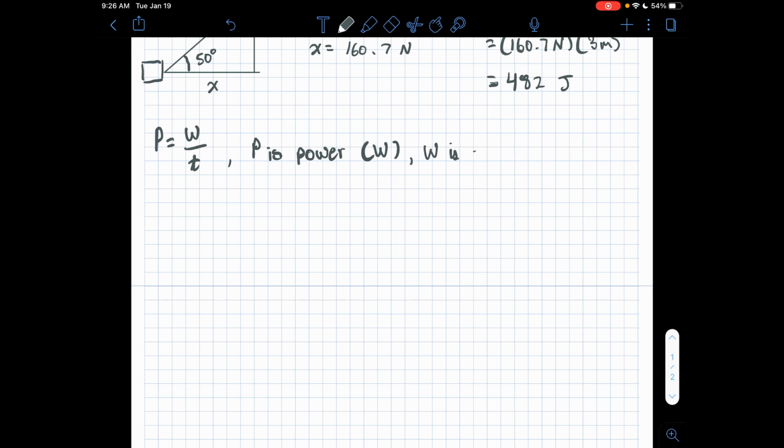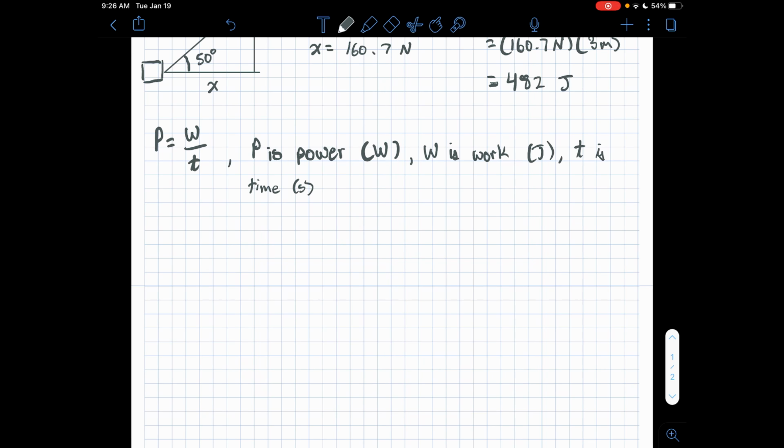W is work, and that is once again measured in joules. And T, obviously, is time, and that's measured in seconds.